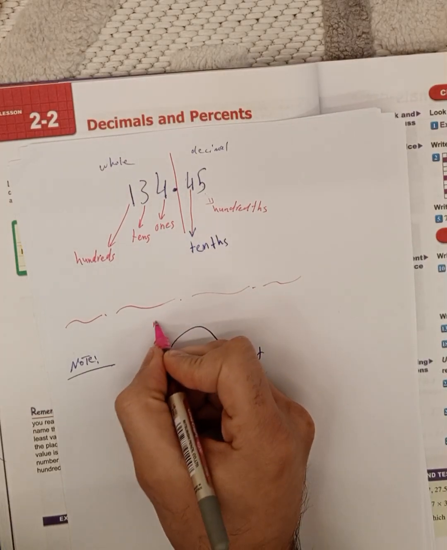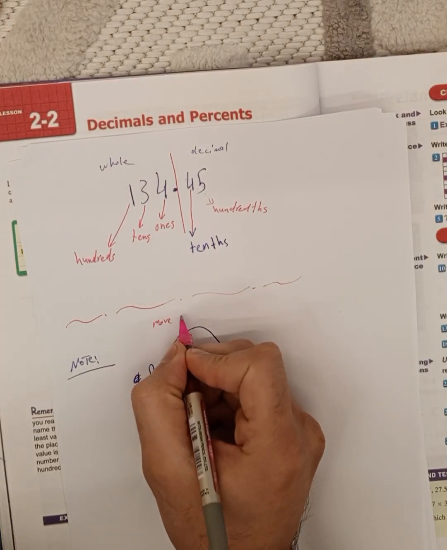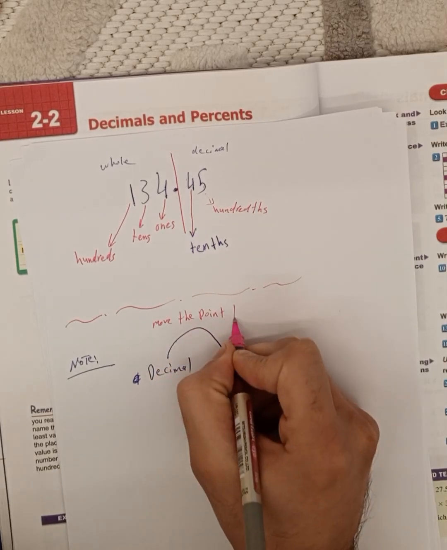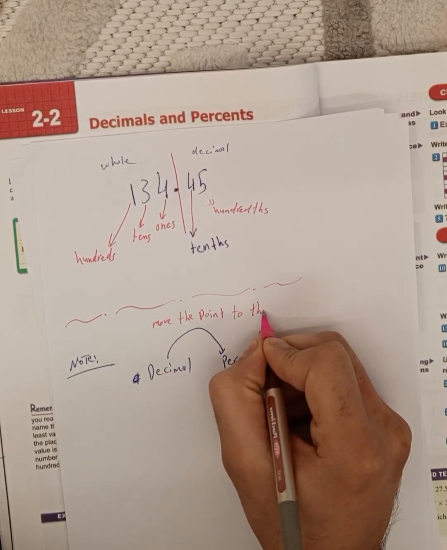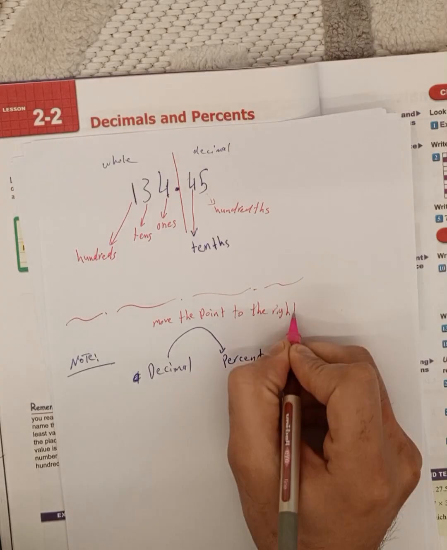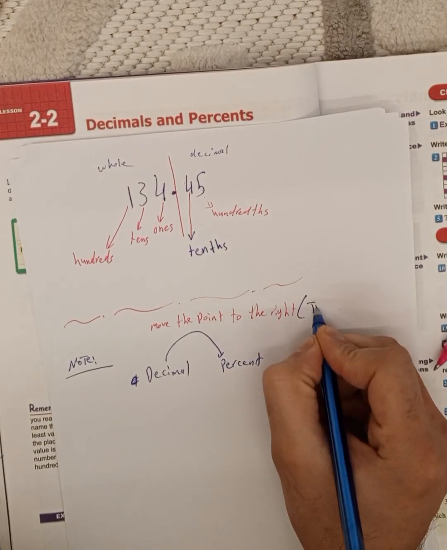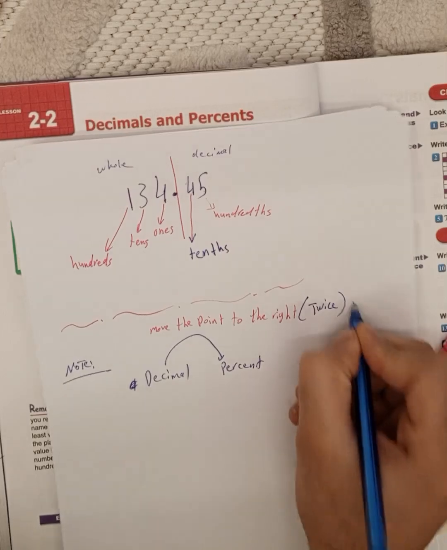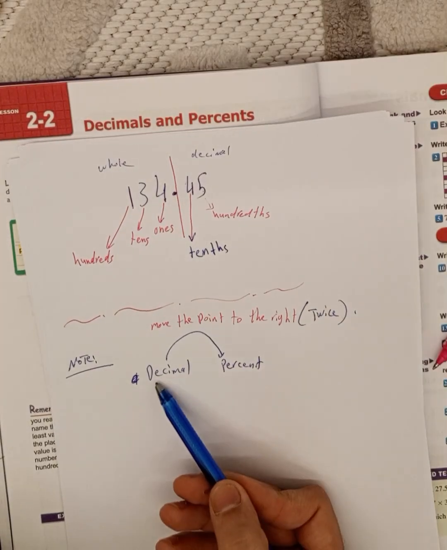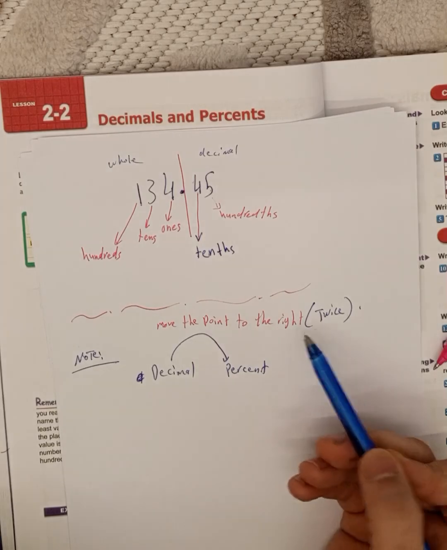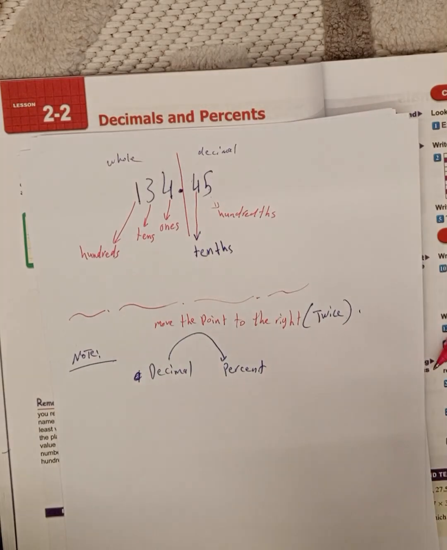Move the point to the right twice. To change decimal to percent, always move the point to the right twice. Okay? This is the first note. Always twice, two times.